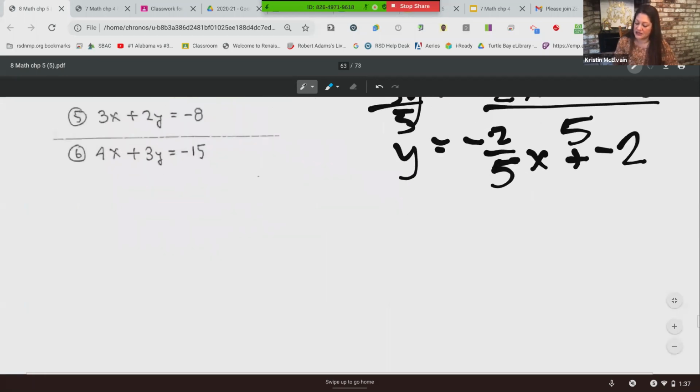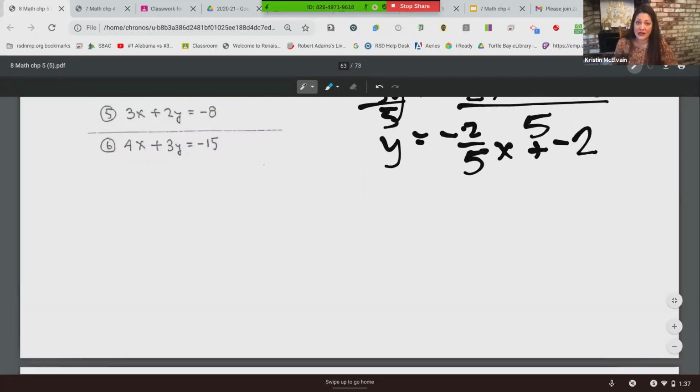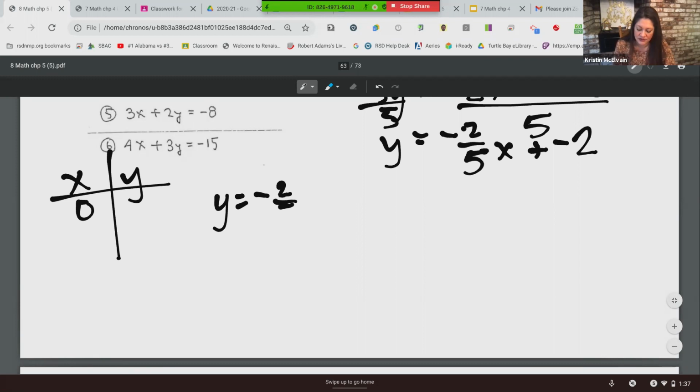Now we need to plug in input x values and figure out our y. Okay, so x, y, we'll use 0 for x first. Plug it into our equation. Y equals -2/5 x.